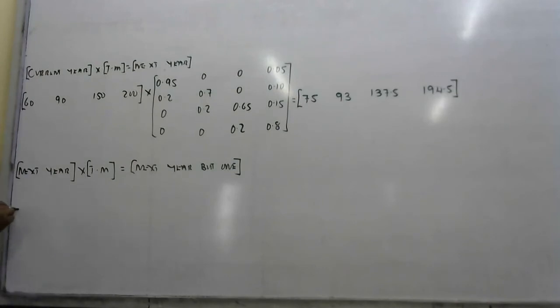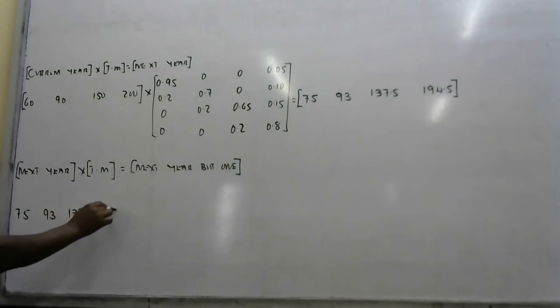So then it will be a case of 75, 93, 137.5, 194.5.